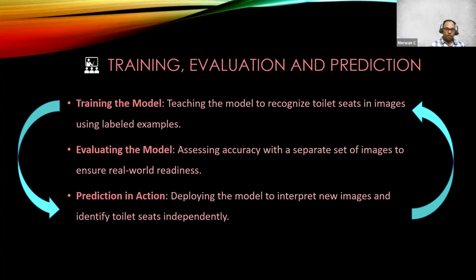The key here is observation. Does it accurately identify the toilet seats in a variety of bathroom images? This is where we see our efforts pay off, as the model applies its learned intelligence to make decisions just like we would, but at a high scale and with consistent accuracy.